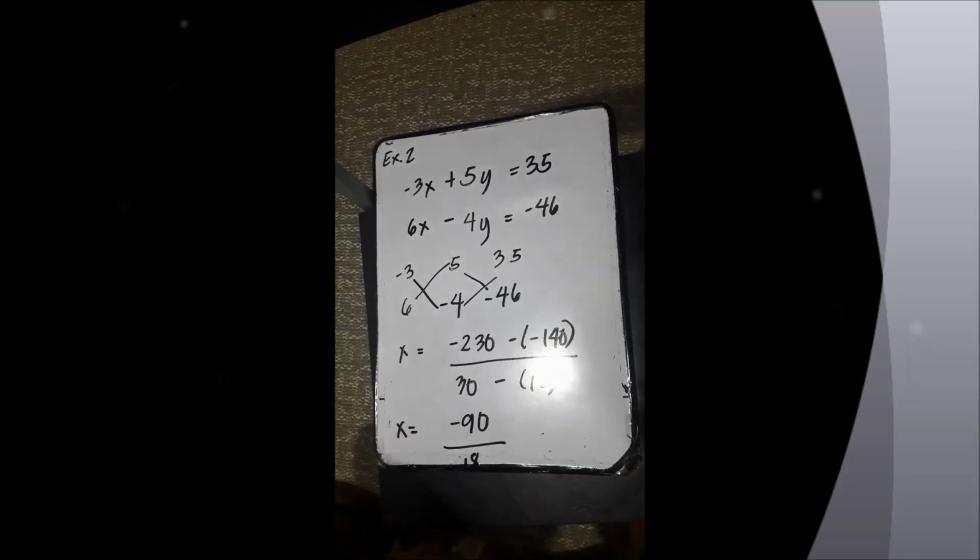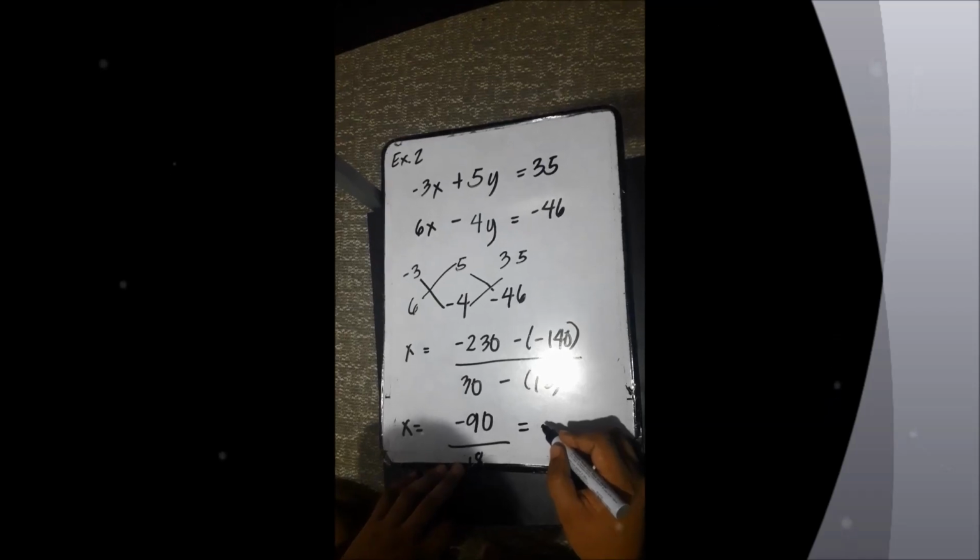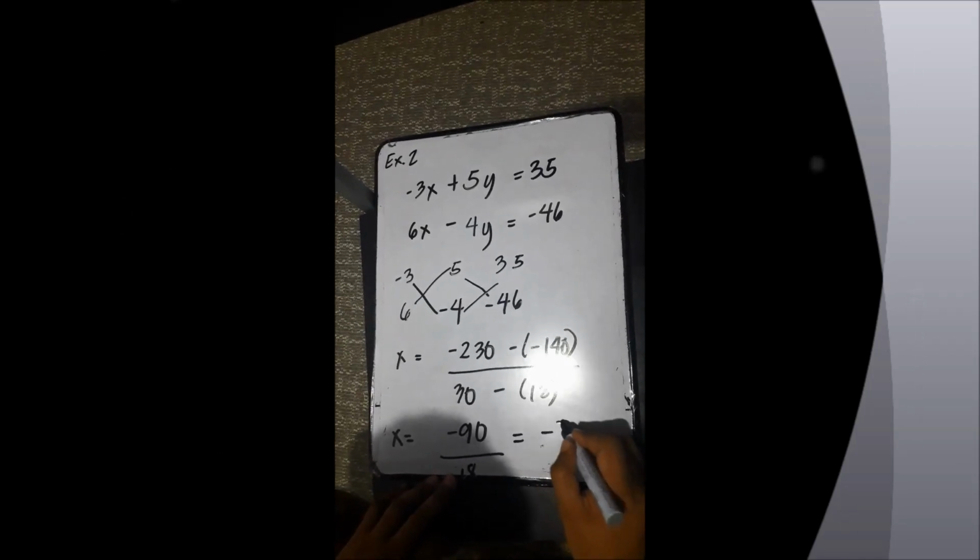So negative 90 divided by 18, the value of my x should be equal to negative 5.